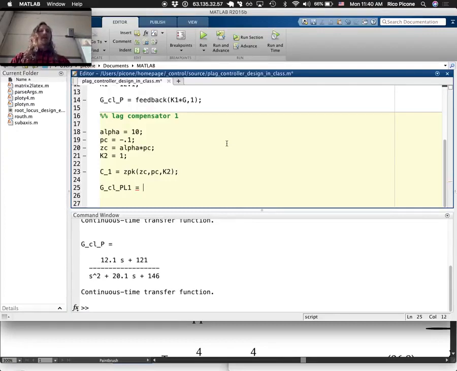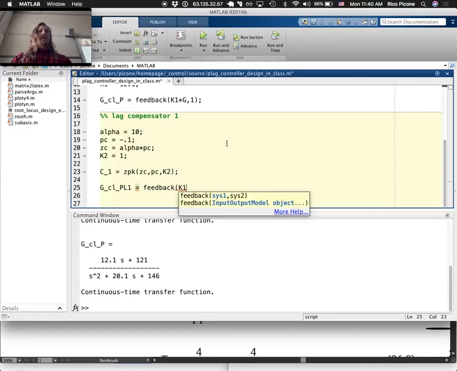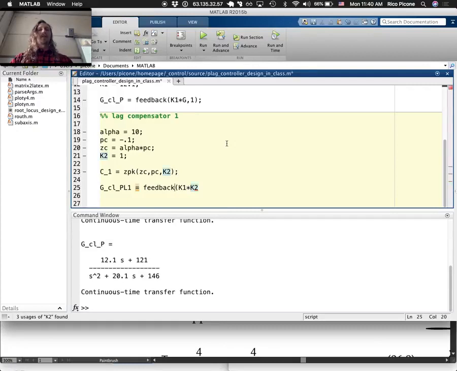That's going to be feedback of K1 still there, C1 times, and you have to make sure you have the plant in there again. Unity feedback. So there's the same feedback loop, except we have a compensator in there now.